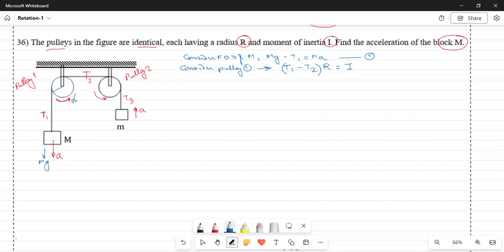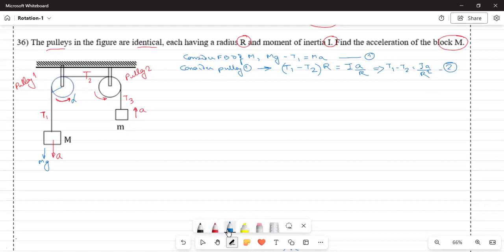Alpha is the angular acceleration of this pulley, which we write as a by R. Here a is the tangential acceleration, the same acceleration as capital M. So from here you get T1 minus T2 is equal to I a divided by R square. Let's call this equation 2.